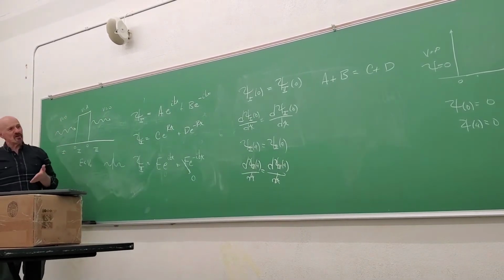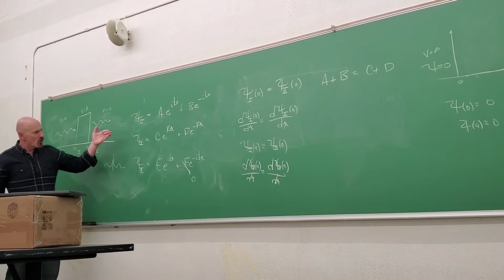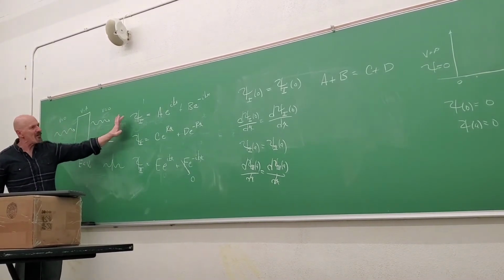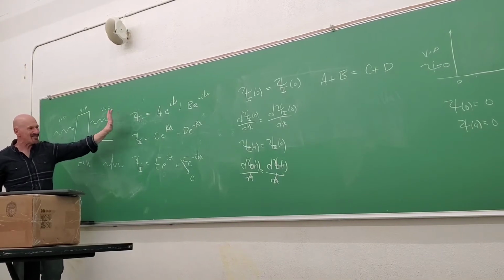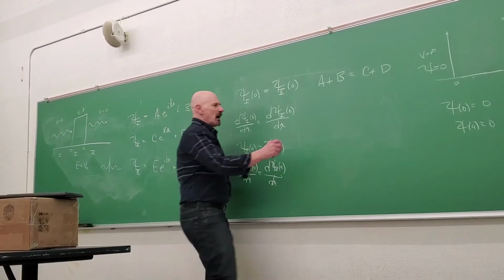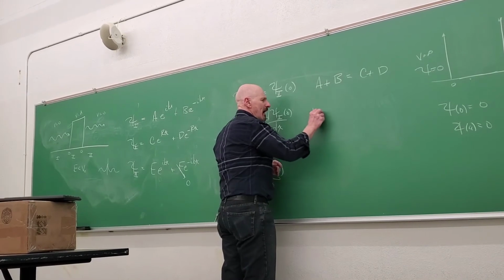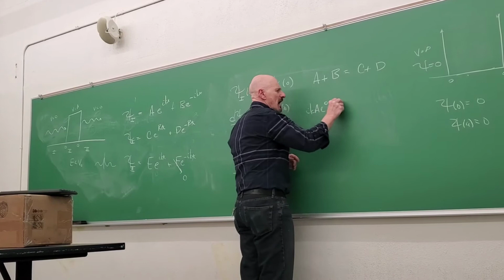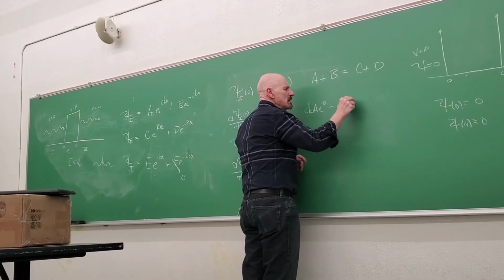Let me do the first derivative one, then I will show you the results. For the second boundary condition, we have the derivative of this at 0, so that will give iKA e to the 0 minus iKB e to the 0.